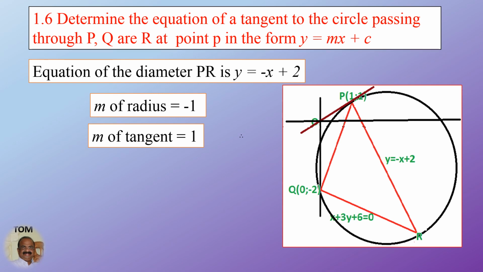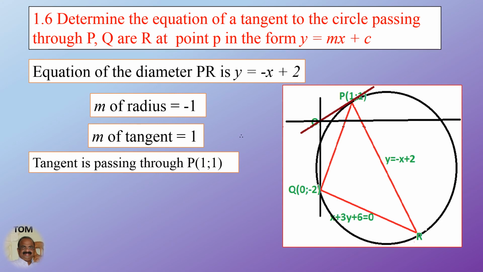So minus 1 divided by minus 1 gives us positive 1. The gradient of the tangent is positive 1, and the tangent is passing through the point P (1, 1).